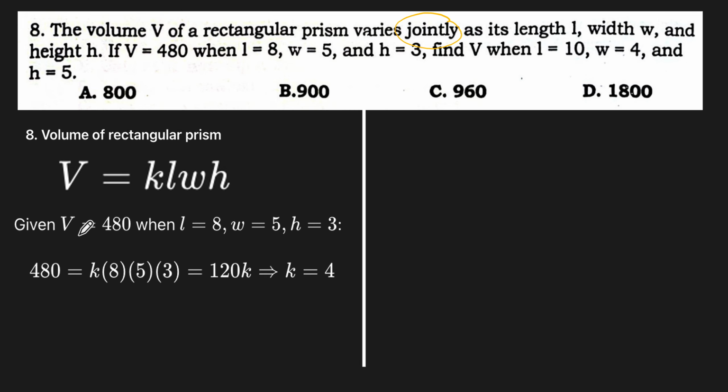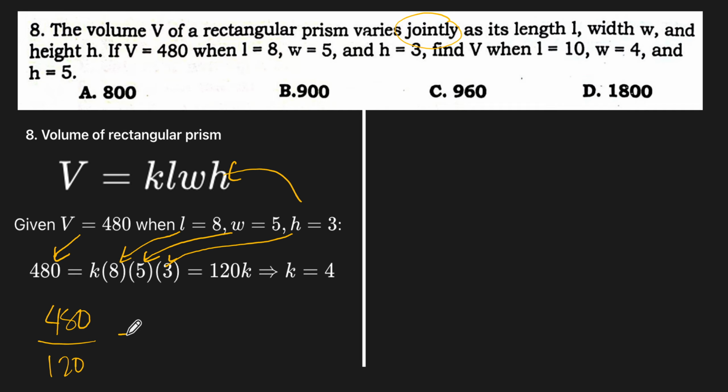So the volume would be 480, the length would be 8, the width 5, the height 3, as stipulated here. So we simplify them. 8 times 5 times 3 would be 120, and then 480 divided by 120, giving us the value of k. And the value of k here would be 4.